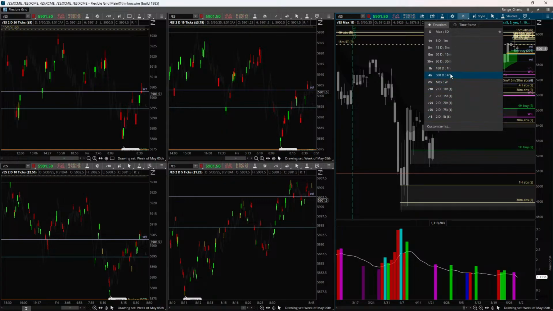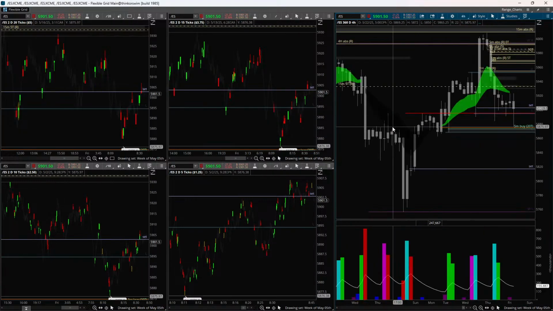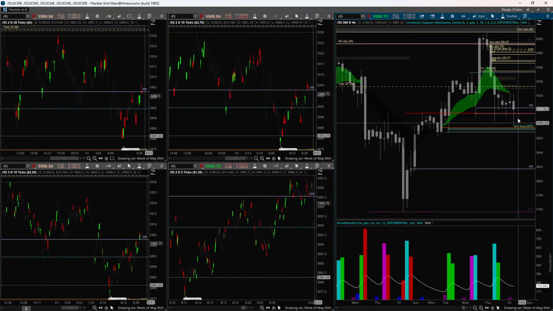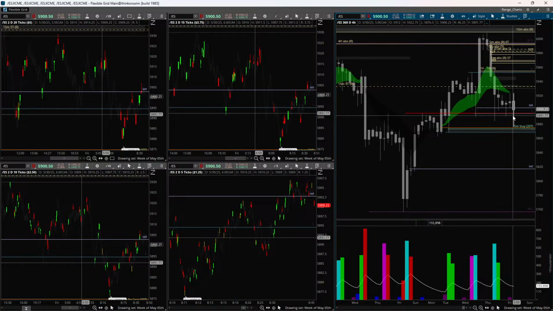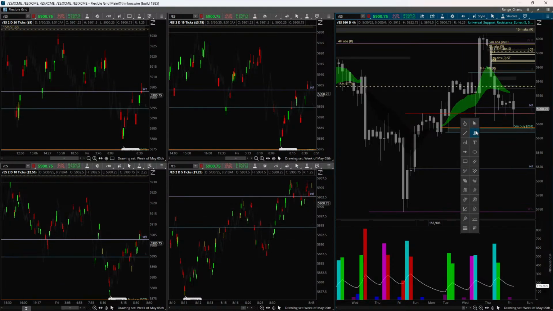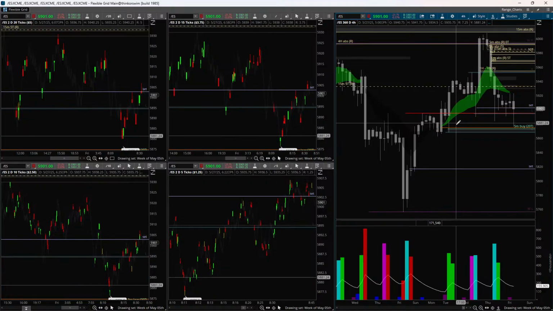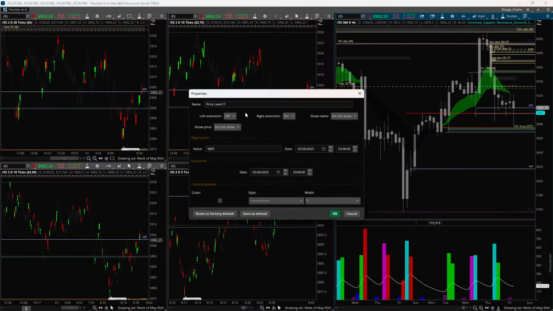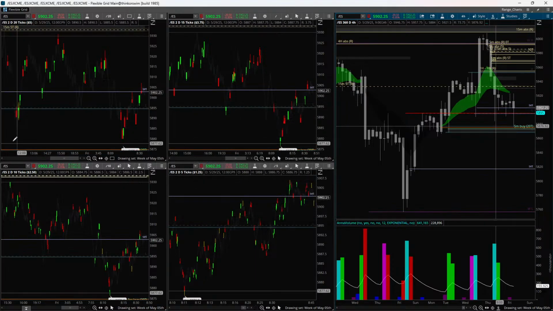Let's go to the 4 hour. We have a 4-hour line here. We've molested this line several times, but we're above it. I'm going to draw a line that shows this is a 4-hour resistance line because we're still holding it.